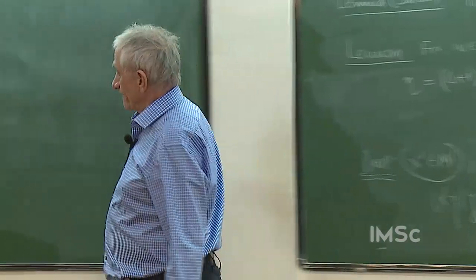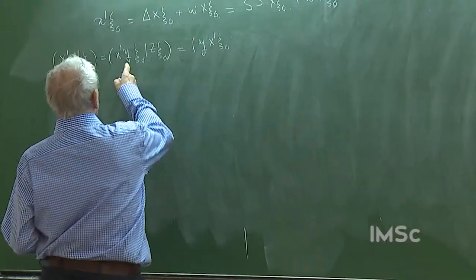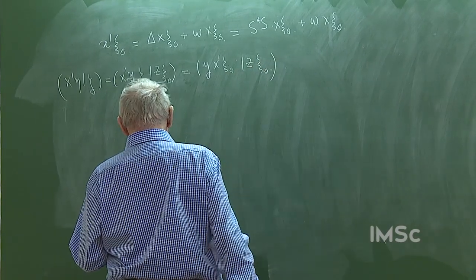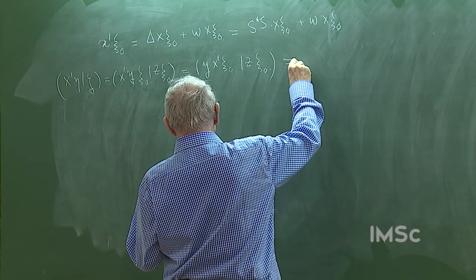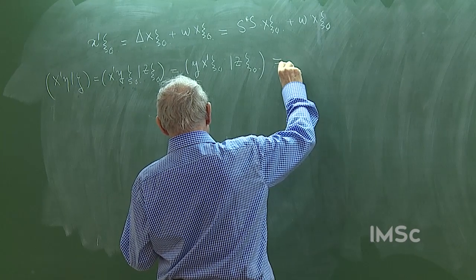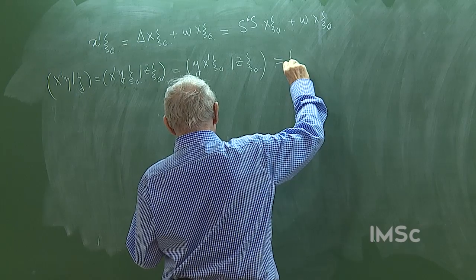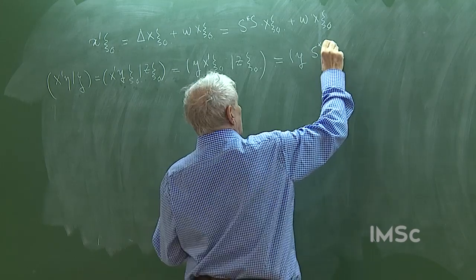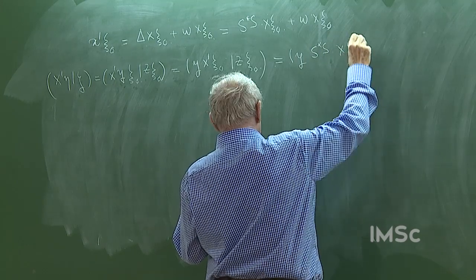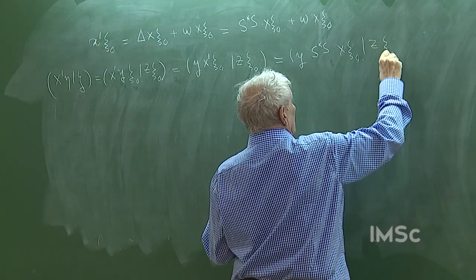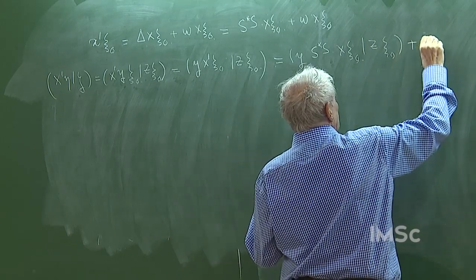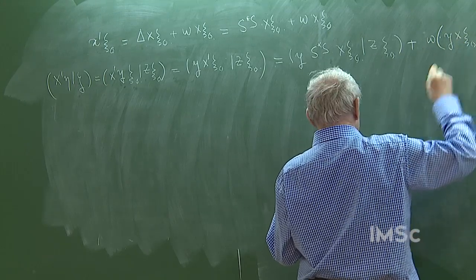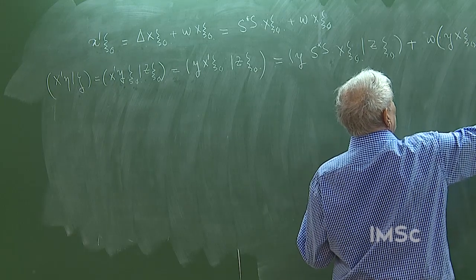Okay, now, what I have here, I commuted the two elements z psi naught. Okay, this is equal to y s star s x psi naught times z psi naught plus omega times y x psi naught z psi naught.